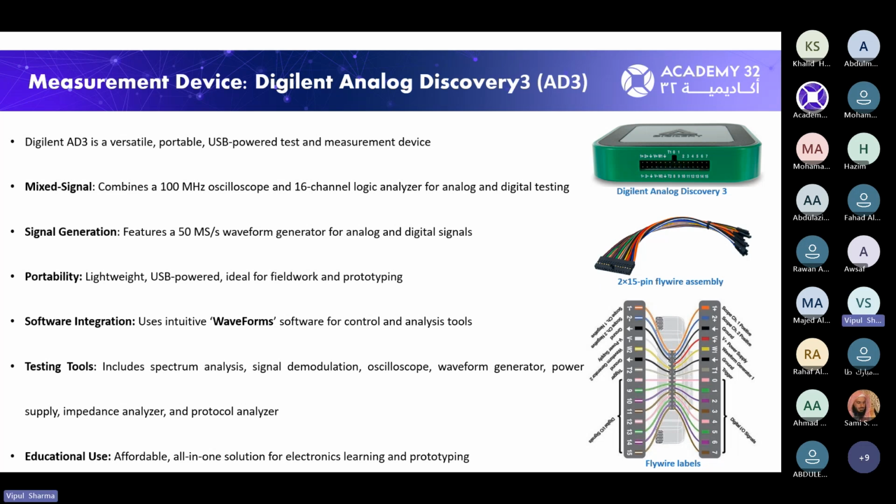Apart from these features, what kinds of analysis can be done using this AD3 equipment? We can use the spectrum analyzer if you want to see how the signal magnitude or amplitude varies in your waveforms with respect to frequency. It can also do some demodulation. The oscilloscope shows all the transient waveforms, the output and the input. The waveform generator can be used to generate the input signals for your circuit.